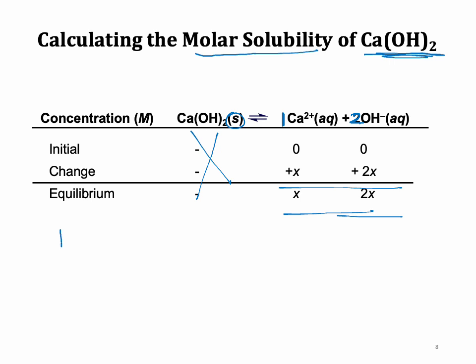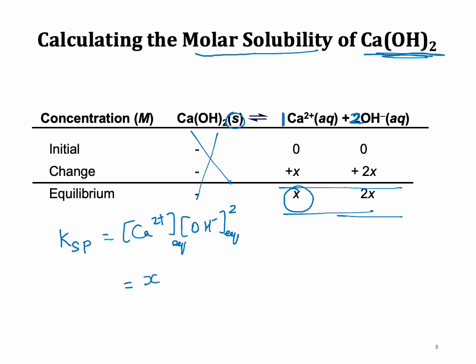So for this, I can write that Ksp for this salt is going to be calcium ion concentration times hydroxide ion concentration squared. And remember, these are all equilibrium concentrations. For calcium, it is x.